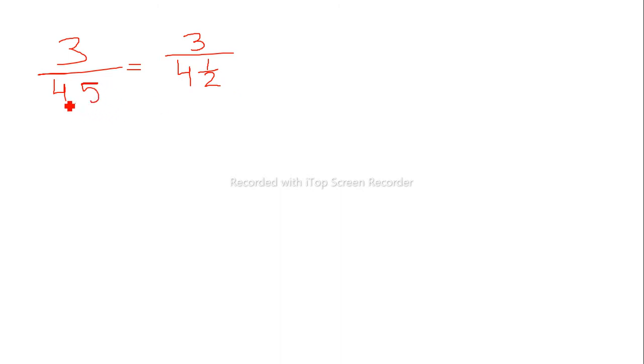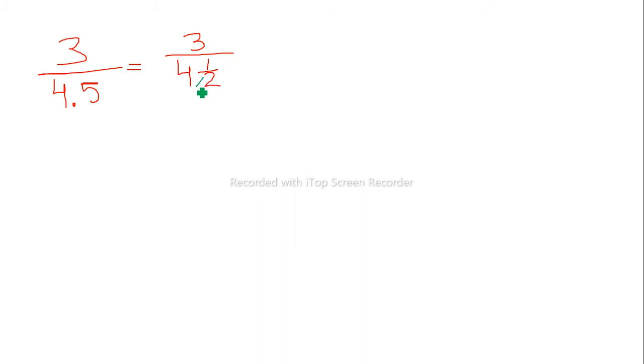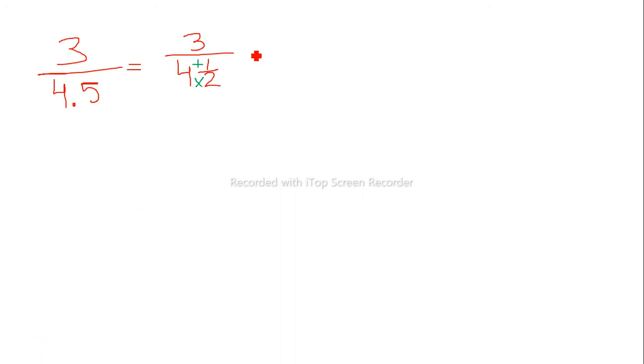Do we understand that? Yes, sir. So this is basically 3 divided by 4.5. Now 4.5, we can change that into a mixed number, so we can change that into an improper fraction by doing what?